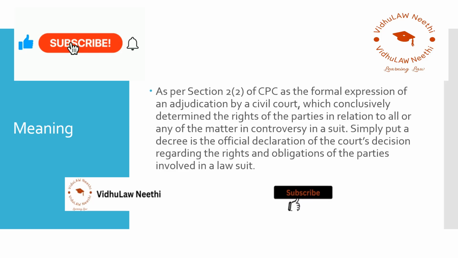Simply put, a decree is an official declaration of the court's decision regarding the rights and obligations of the parties involved in a lawsuit. A decree is issued after the judgment has been delivered and it can be either preliminary or final. A decree must be formally drawn up and must align with the judgment passed by the court.